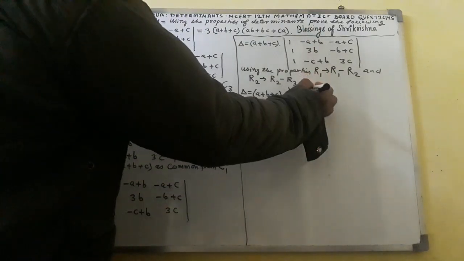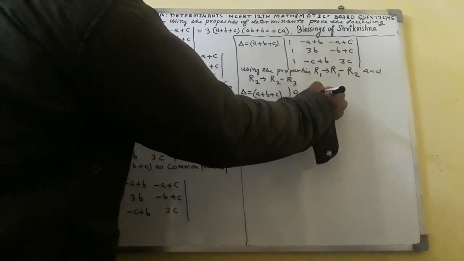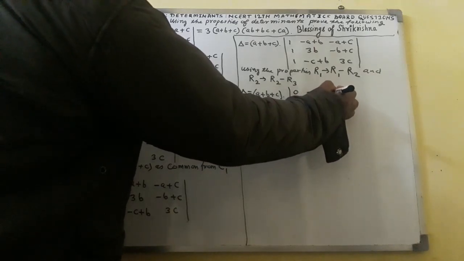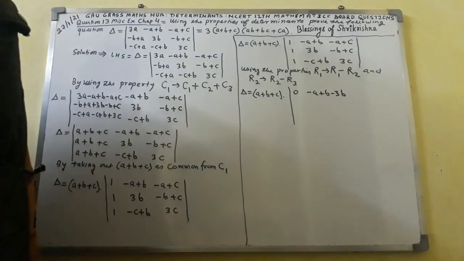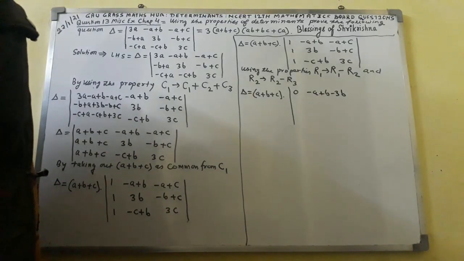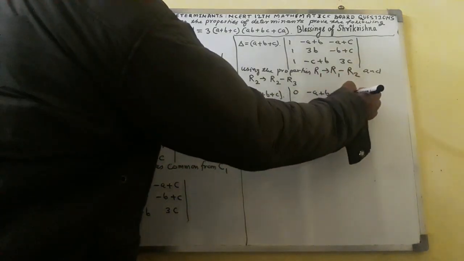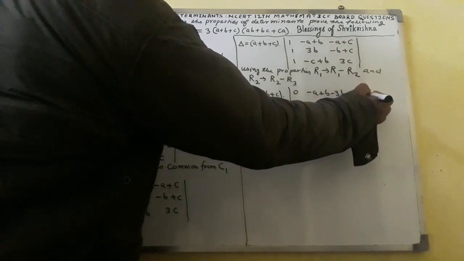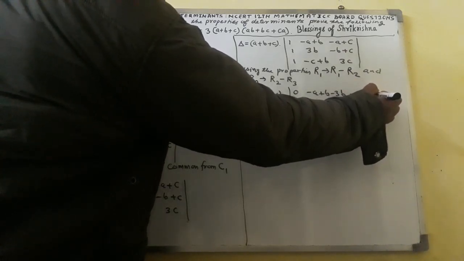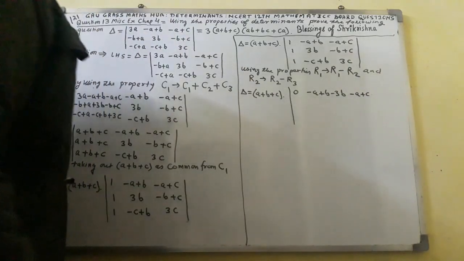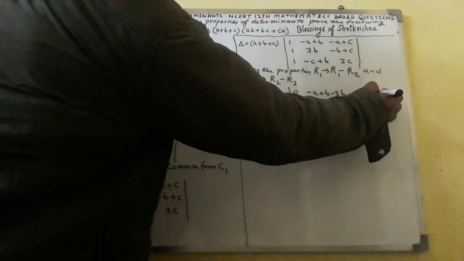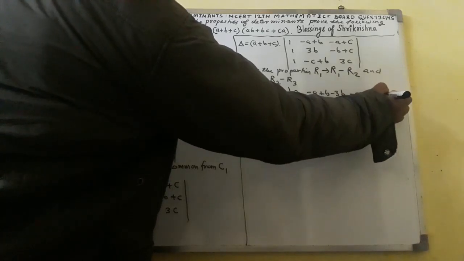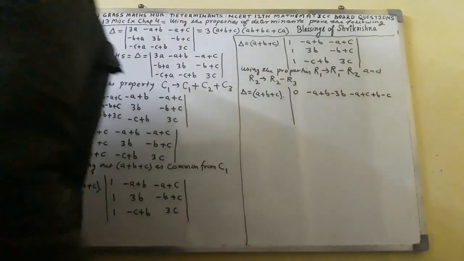Here I shall write minus a plus b minus 3b. Here write minus a plus c, minus a plus c plus b minus c. It will become.